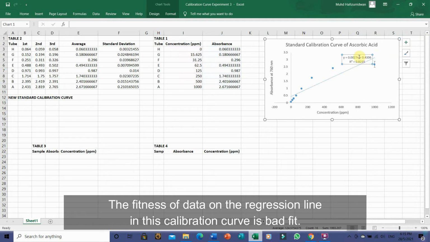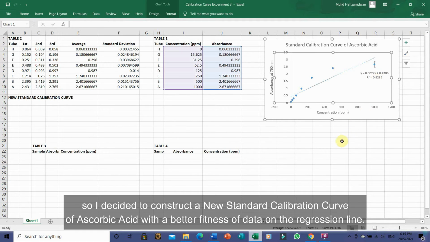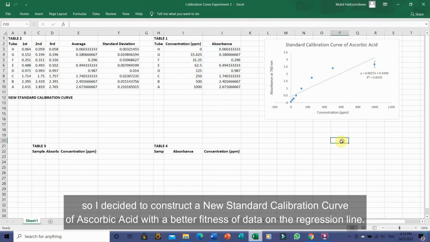The fitness of data on the regression line in this calibration curve is a bad fit, so I decided to construct a new standard calibration curve of ascorbic acid with a better fitness of data on the regression line.